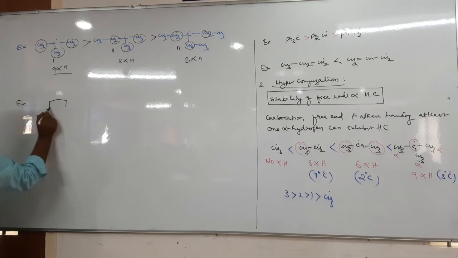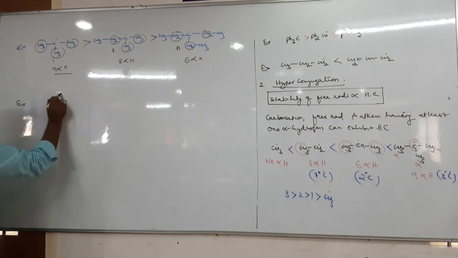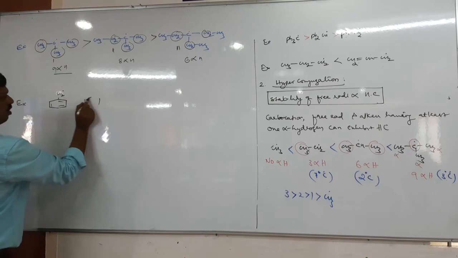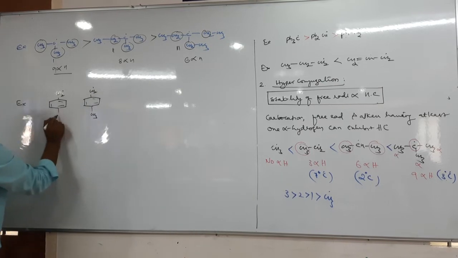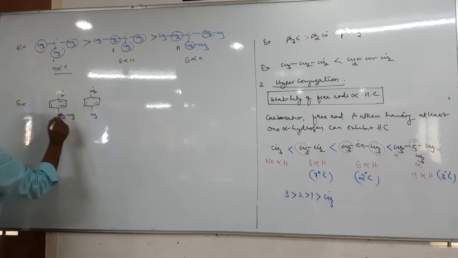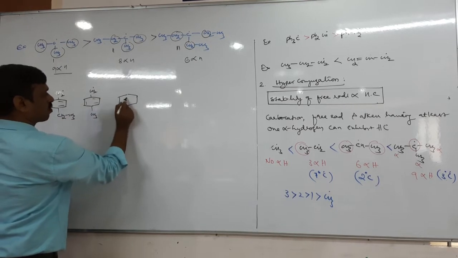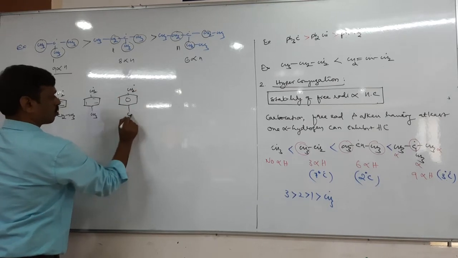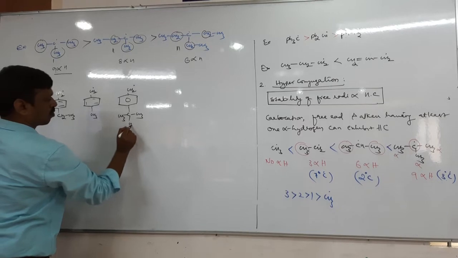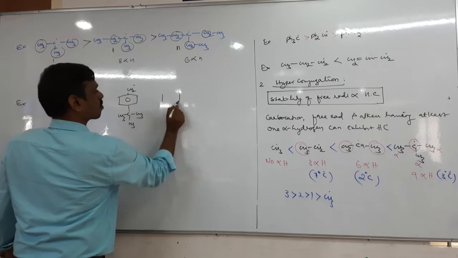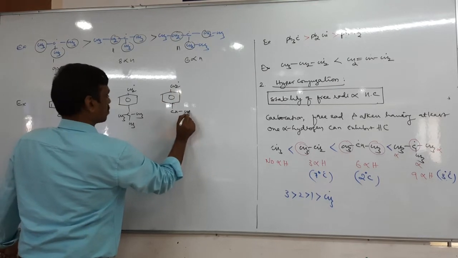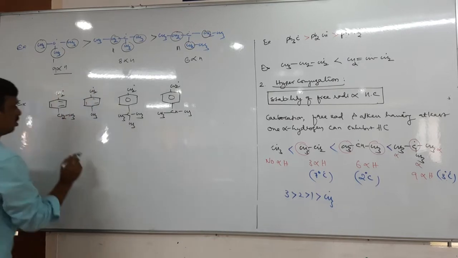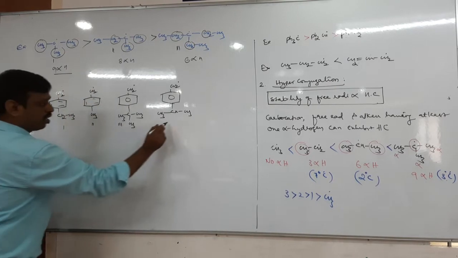Let us take benzyl free radical, where alkyl groups are present, so it is 1, 2, 3, 4.